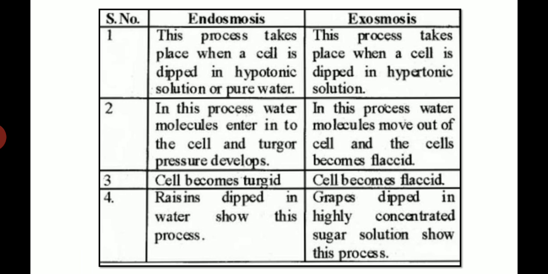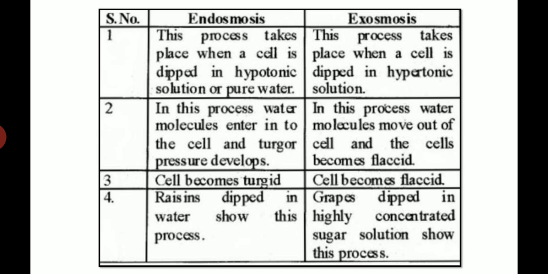So basically, what is the difference between endosmosis and exosmosis? Endosmosis is the process that takes place when the cell is dipped in hypotonic solution or pure water. In my next video, I will tell you about tonicity: hypotonic, hypertonic, isotonic.